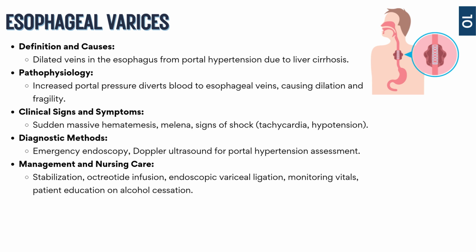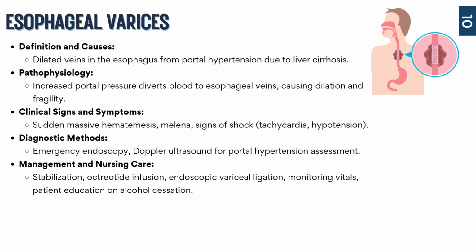They shouldn't get bigger. These varices are fragile and prone to rupture, because these are the veins around the esophagus. Like I said, they weren't intended to hold that volume of blood or the higher pressure that's backing up into that area. So when they rupture, that can cause life-threatening hemorrhage. Patients might present with hematemesis.